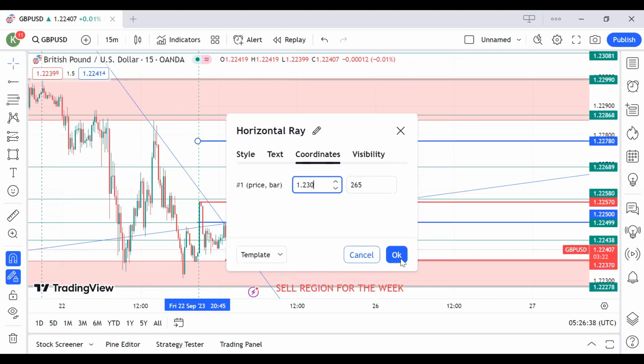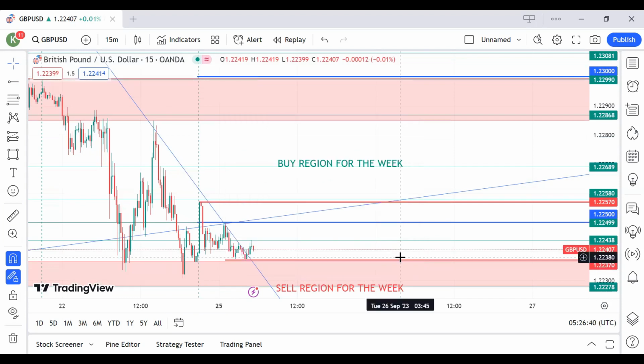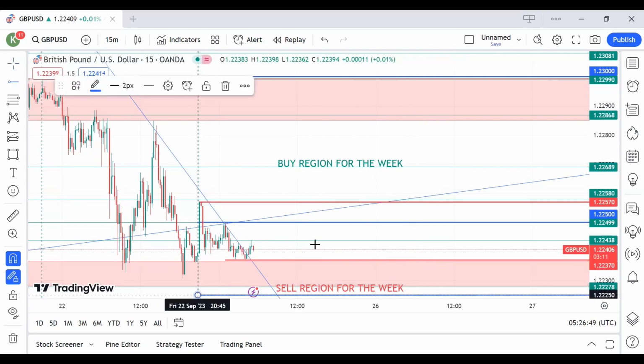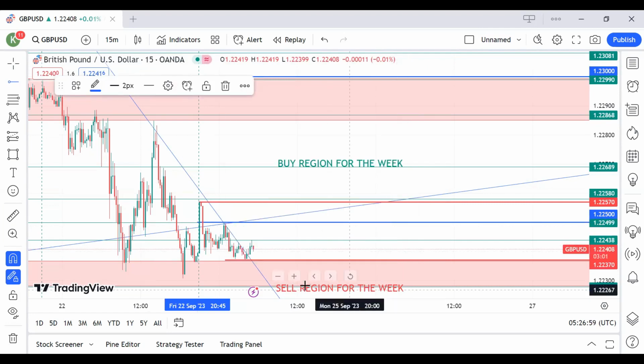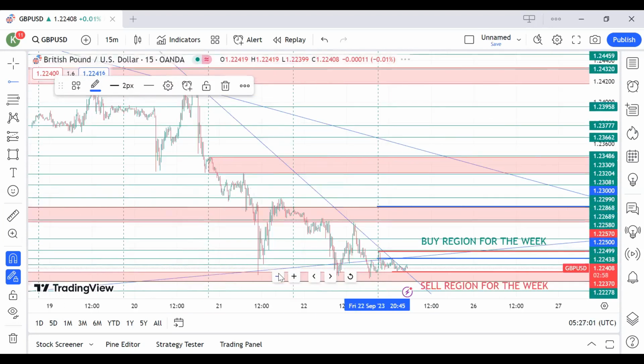So that will be the next psychological level going upward. Okay, so going downward, it will be removing 5 from that 1.225. I'll be having 1.220, right? So the next one going downward is 1.220.